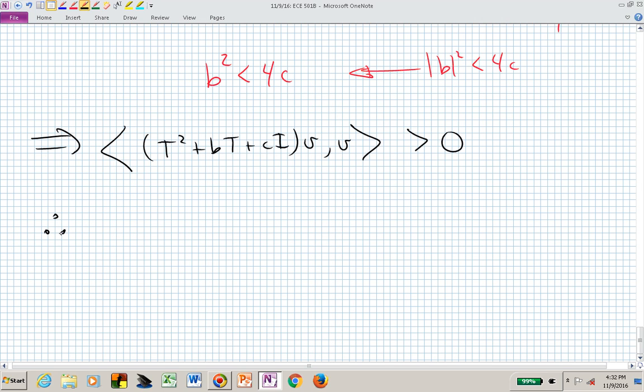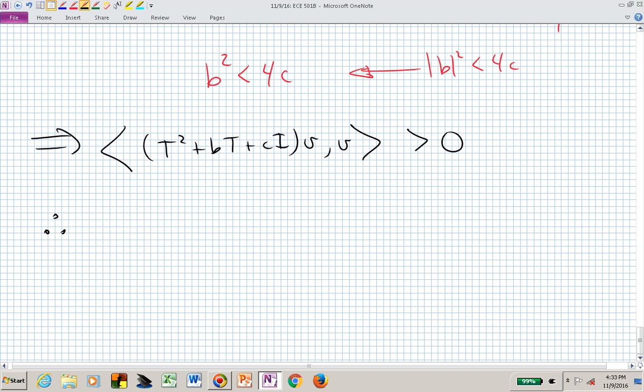What does that tell me about v and where it lives, or what that map has or doesn't have? When would this expression equal 0?